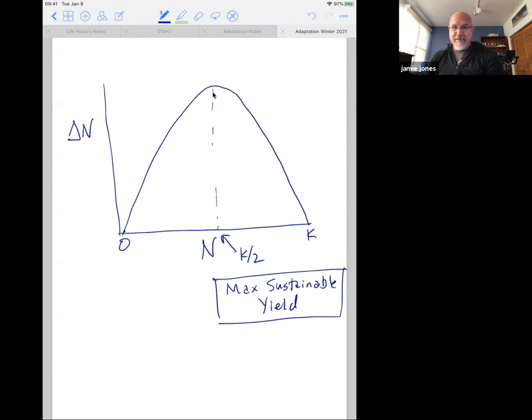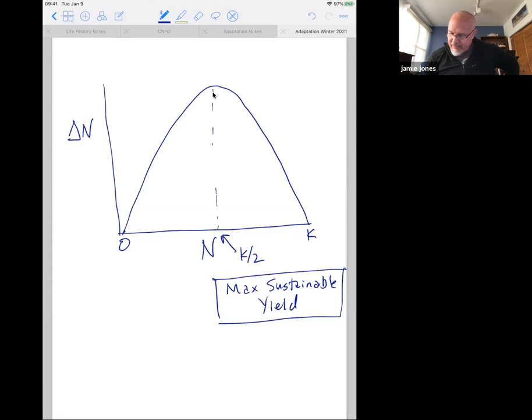If you wanted to manage a population of deer, keep it down, you could hunt at K over 2 if you knew what the carrying capacity was, right? It's a big if. You could hunt K over 2 and you get the maximum yield without causing the population to decline. So that's an important applied parameter.